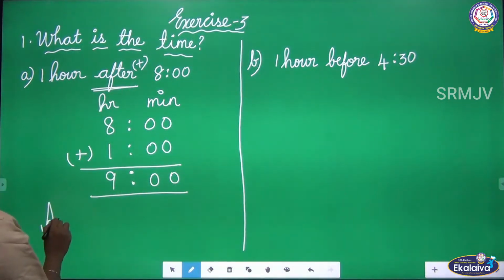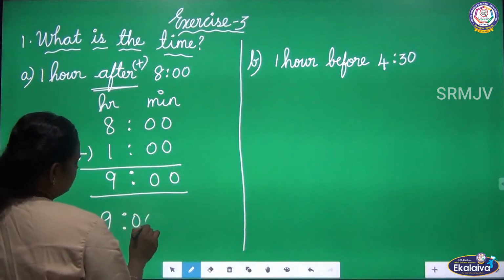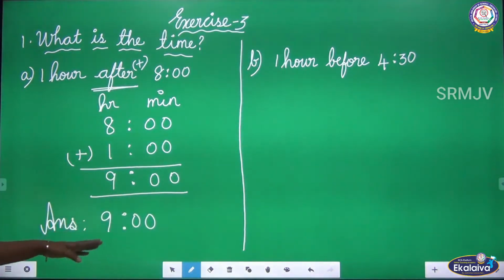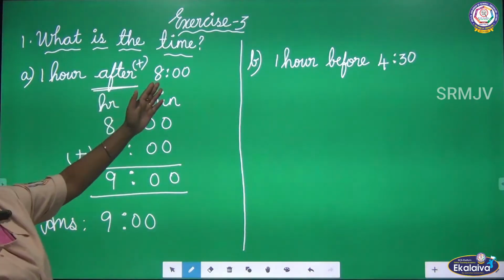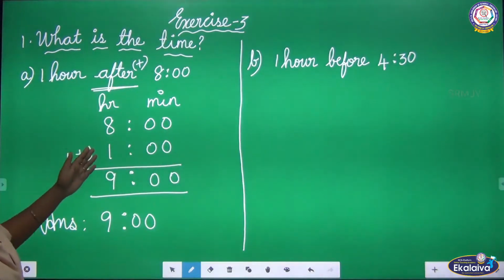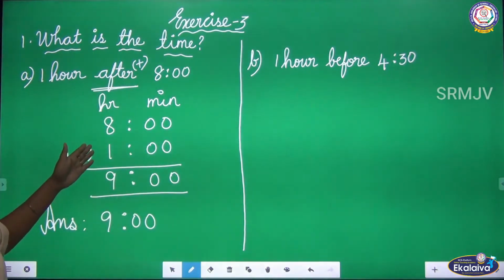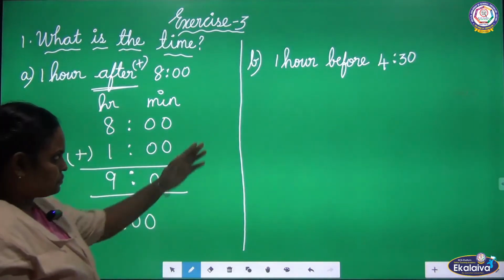So tell me, 1 hour after 8 hours is 9 hours. After means we have to add, so 8 plus 1 is 9. Here they didn't give minutes, so you add only the hours, so 9 hours.